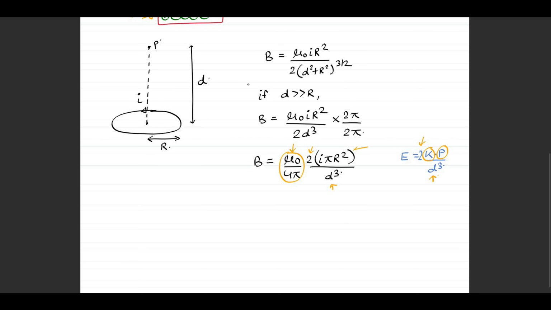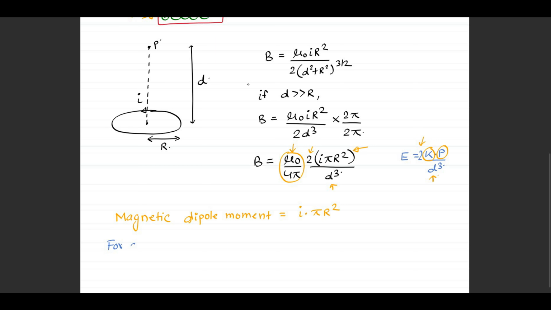So here P represented dipole moment or electric dipole moment. So this term here will represent magnetic dipole moment. So can I say magnetic moment or magnetic dipole moment in this case is I into pi r square.